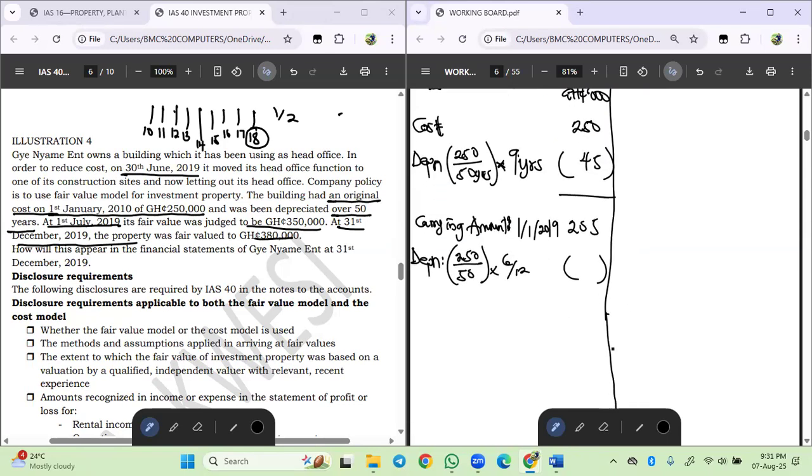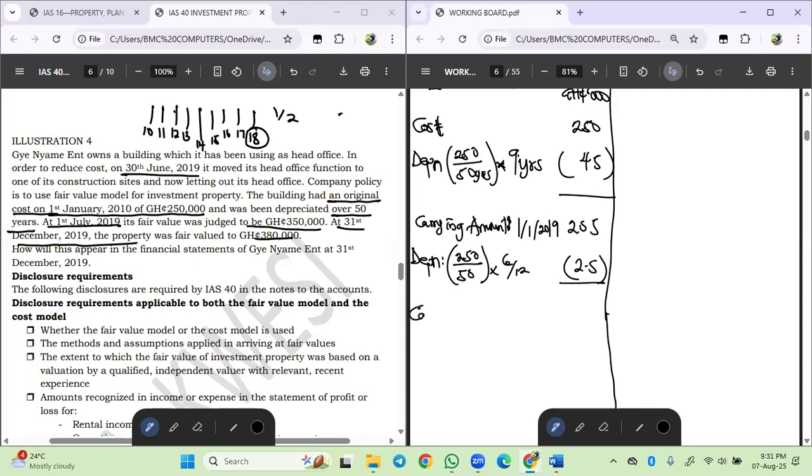Hope you are not confused. 2.5. Because if you do 9.5 straight away to get to 30th June 2019, how are you going to determine the depreciation component for 2019 alone? Have you seen it? That's why we did the half separately.